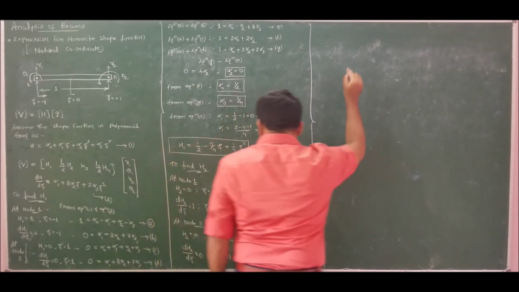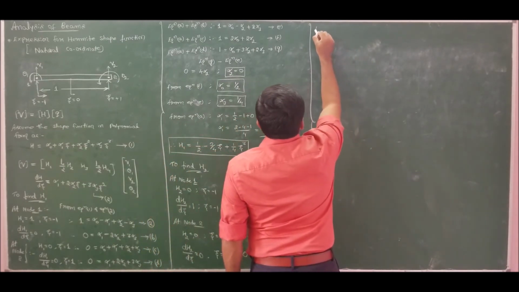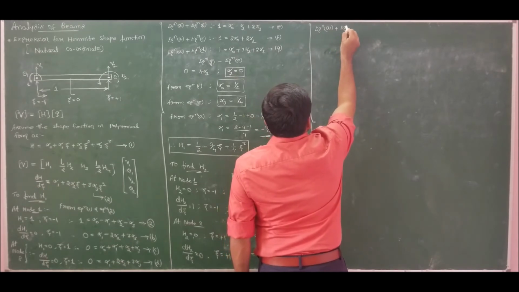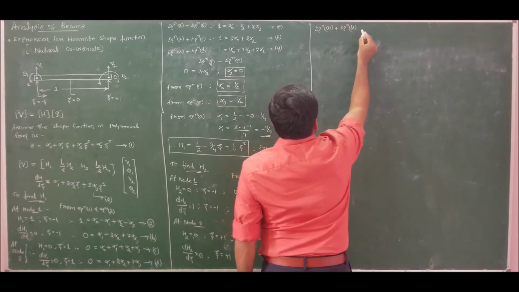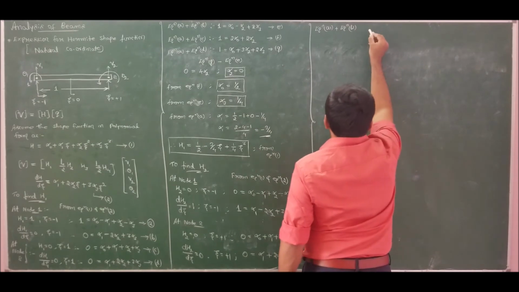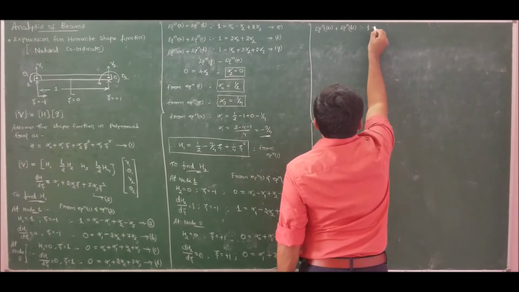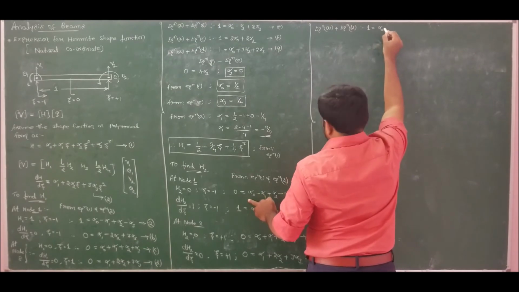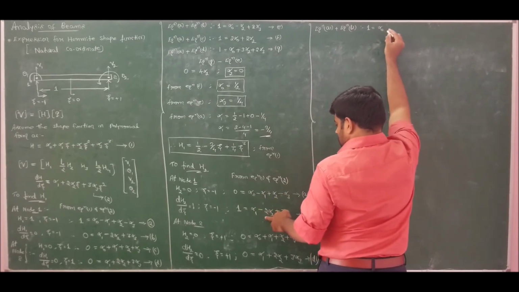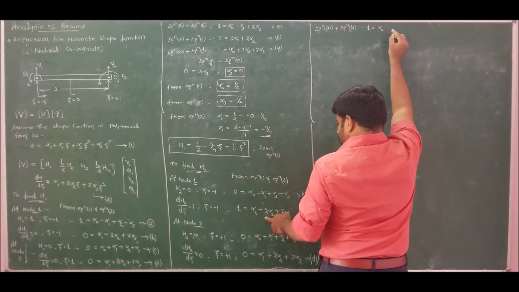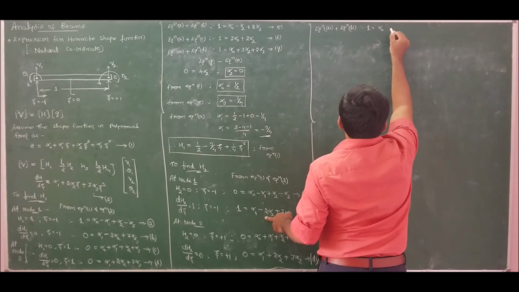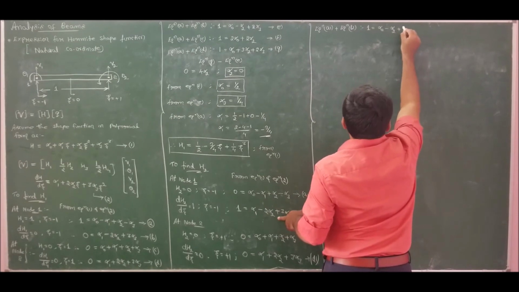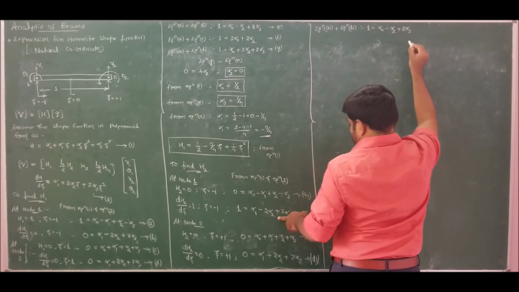Now add A1 and B1, A1 and C1, A1 and D1. So if I add equation A1 plus equation B1, which yields us 1 is equal to alpha naught, alpha 1 will get cancelled, alpha 2 will be minus alpha 2, alpha 3 is plus 2 alpha 3.